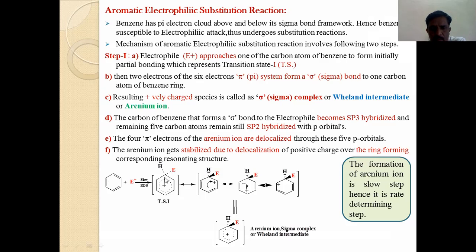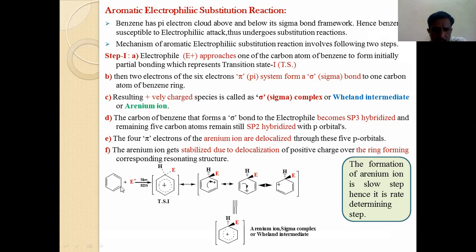And if two pi electrons are used to form the sigma bond between carbon and electrophile, the ring automatically bears a positive charge, so the overall ring becomes positively charged.